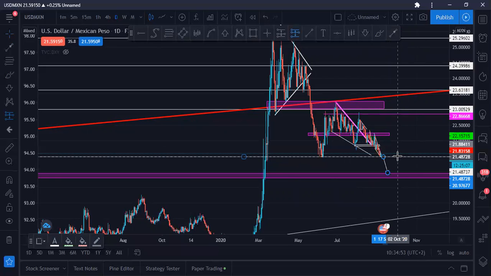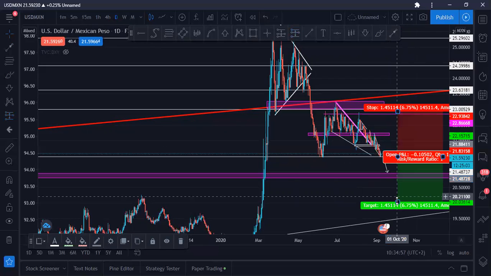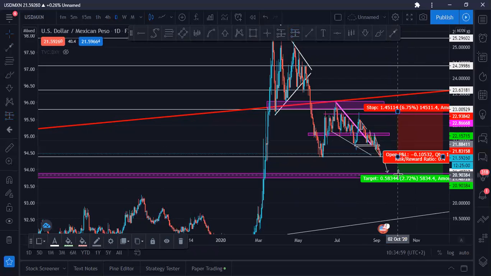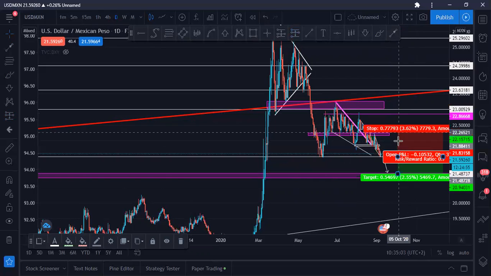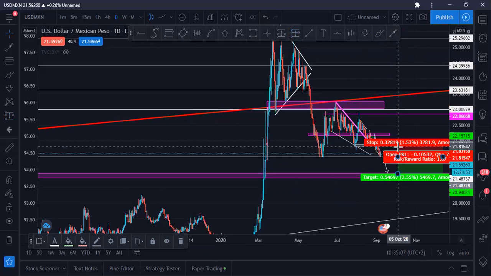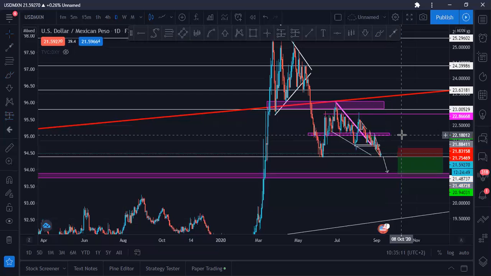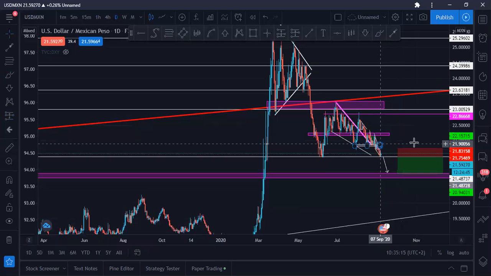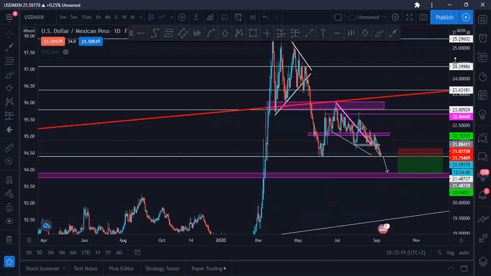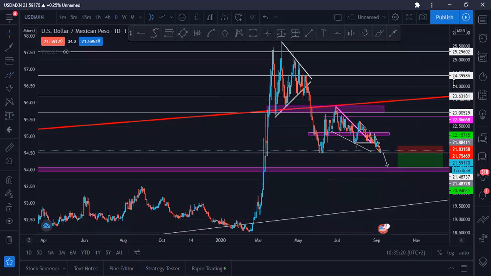Let's see what the risk to reward could potentially be. Always make sure that we want a minimum of 1 to 2. There we go, a 1 to 2 trade to the downside. If we could see something like that, that would be really nice because the dollar is weakening at the moment. So let's see what happens with the Mexican peso.